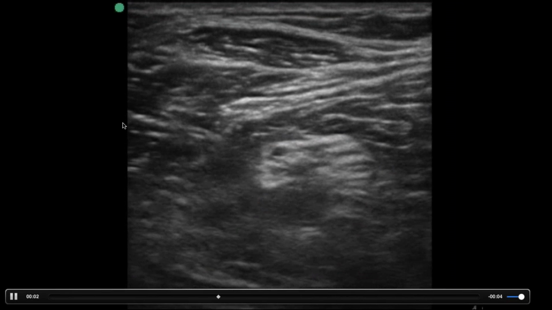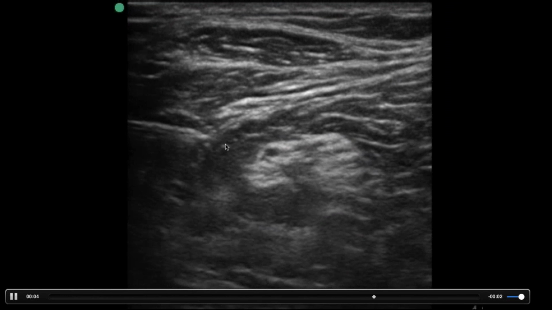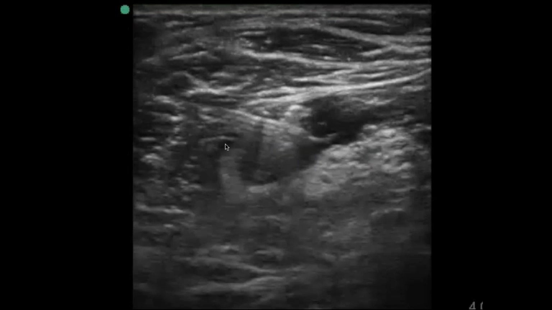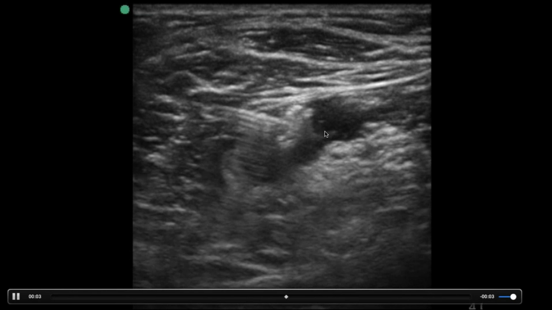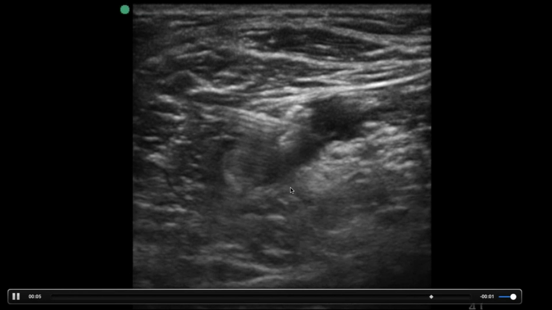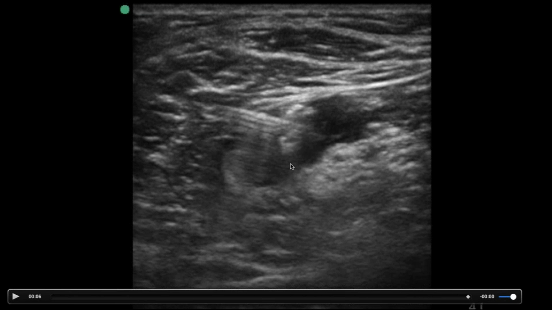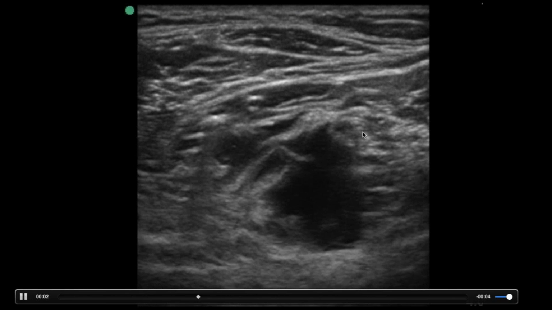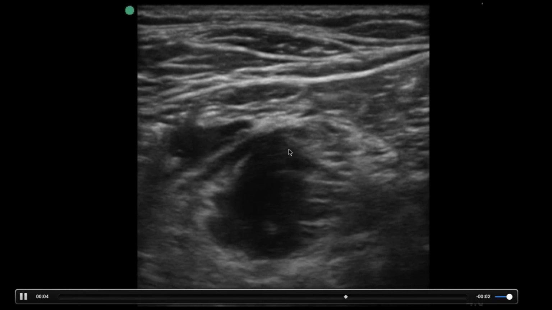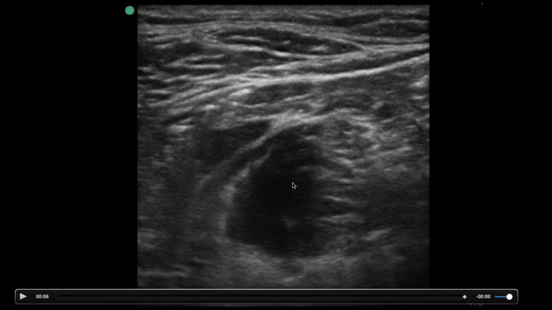Here you're going to see the needle tip coming in from the tissues. With the needle tip fully in view, they start to inject hypoechoic local anesthetic. And here you're going to see, this is the sciatic nerve here. They're going to check to see that that anesthetic has diffused around the nerve fully.